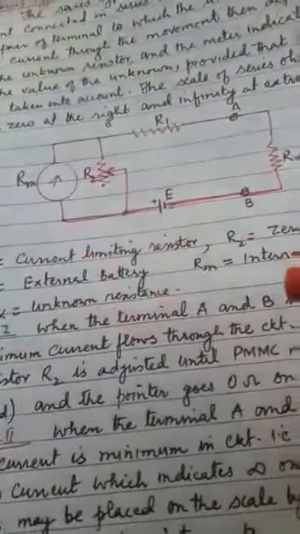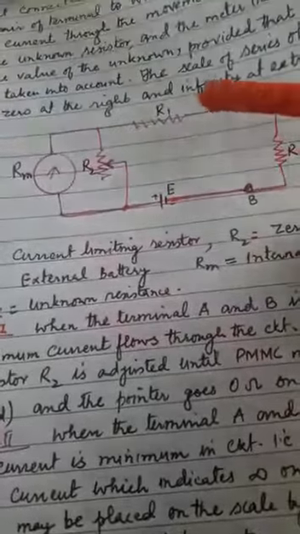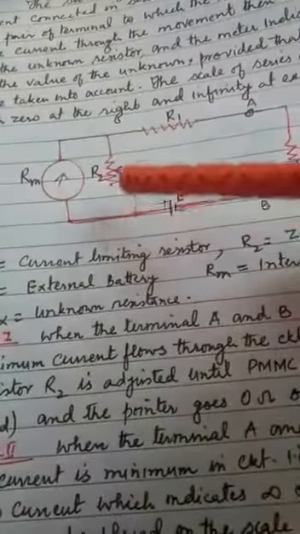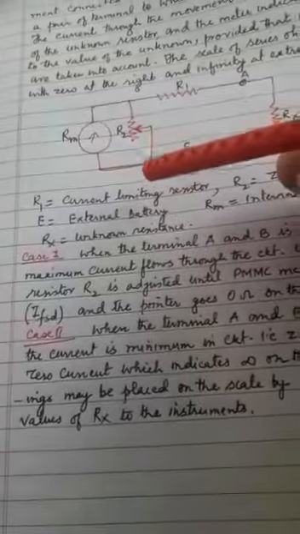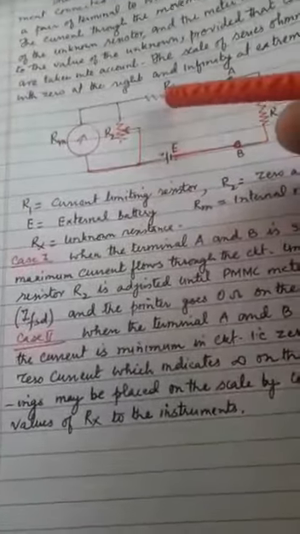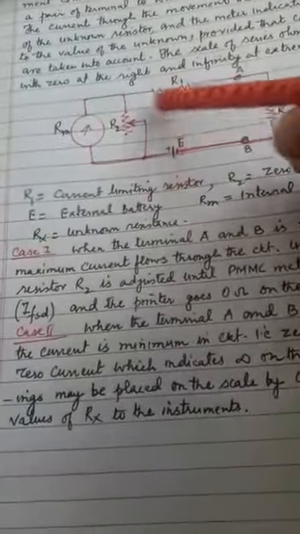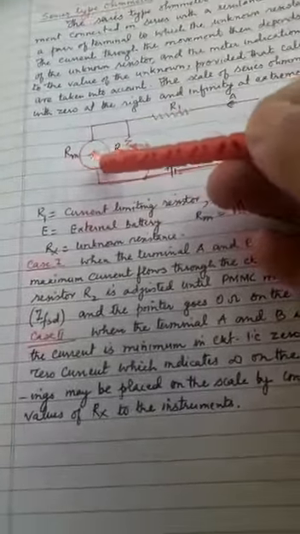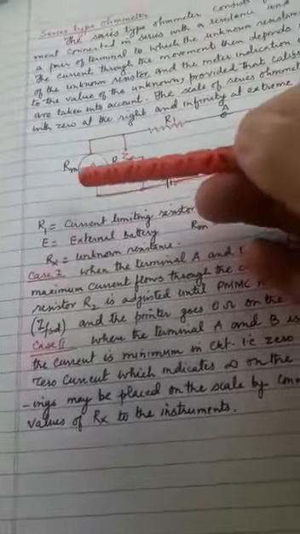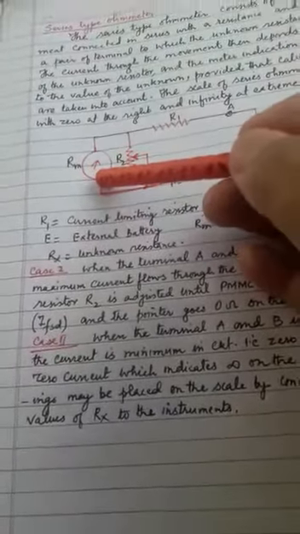In the meanwhile, R2 is adjusted in such a manner that minimum current flows through R1, and the minimum deflection is shown by the needle of the D'Arsonval meter.